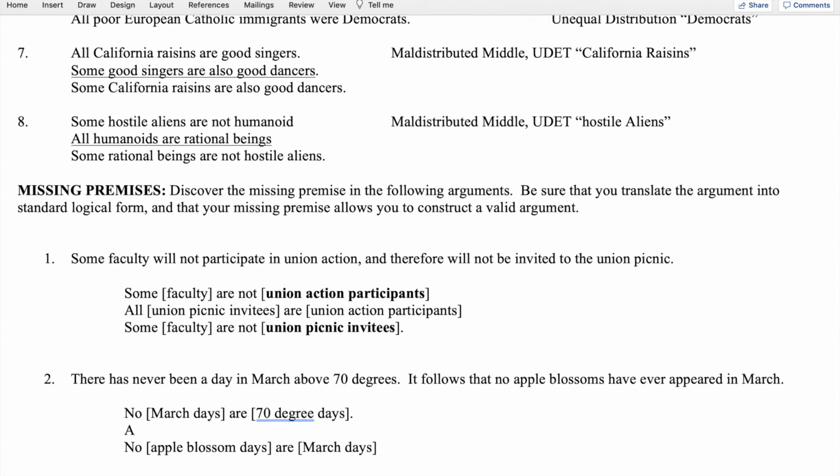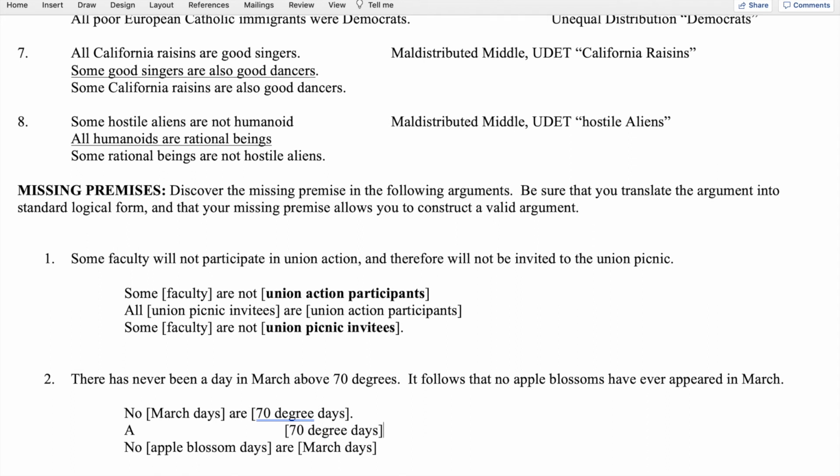We know that because it's not in the conclusion. And the middle term is distributed in the first premise because it's predicate of a negative. And so again, we would drop this down and make it the predicate of the affirmative, because I know predicates of affirmatives are not distributed, and that avoids maldistributed middle.